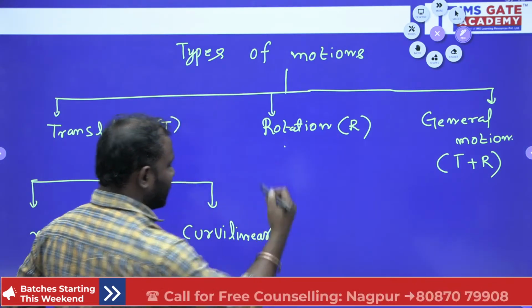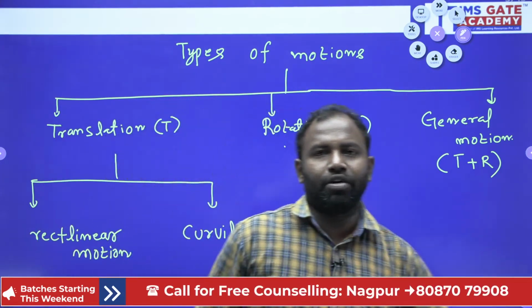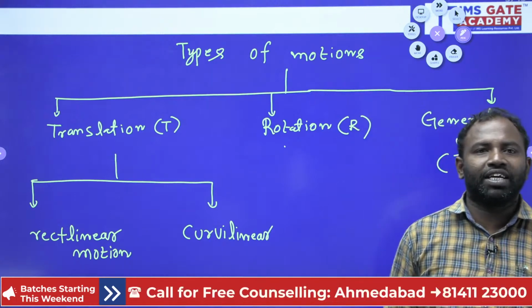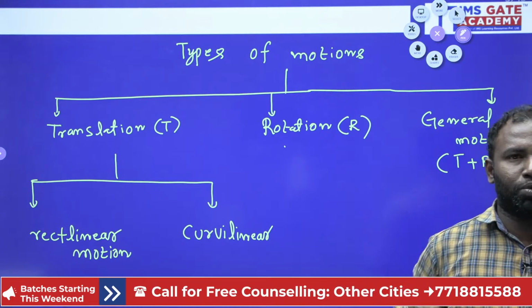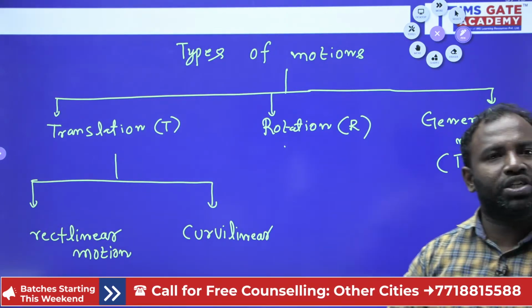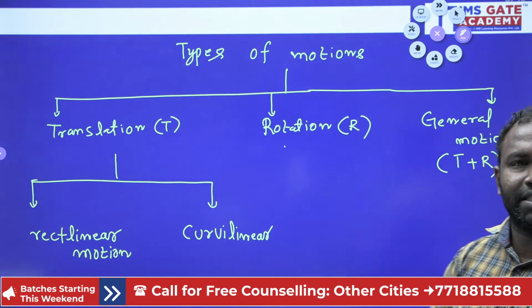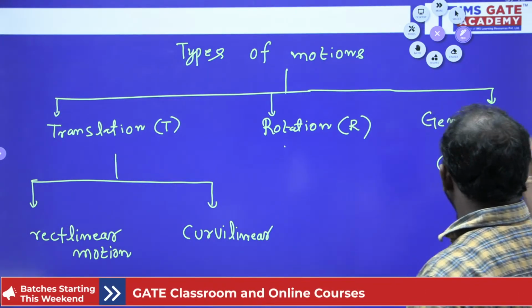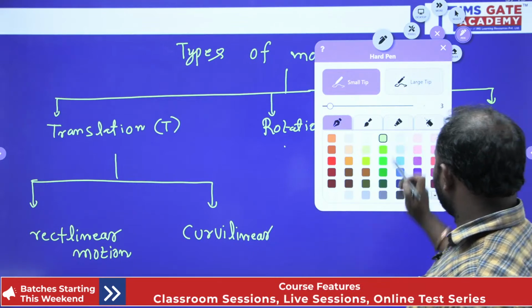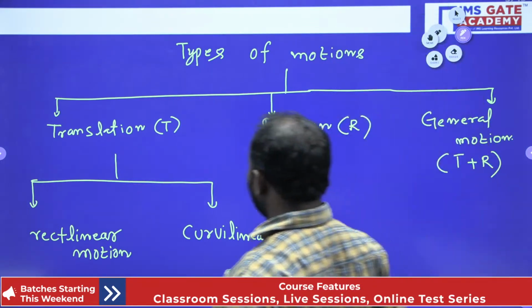When we are studying dynamics, we need to study the motions of the body, that is translation, rotation and general motion. Translation motion is divided into two major categories, rectilinear motion as well as curvilinear motion, which we have already initiated and elaborated.